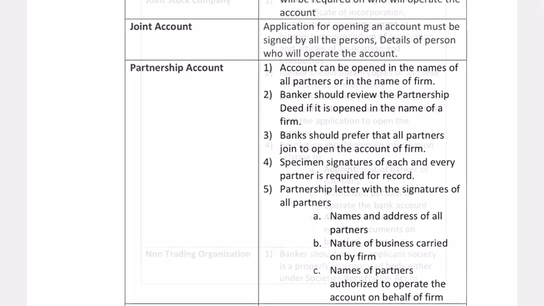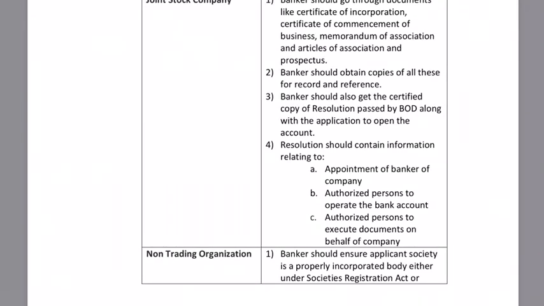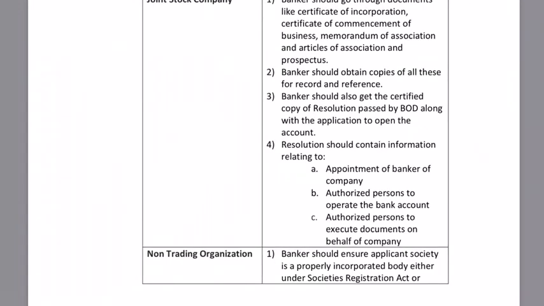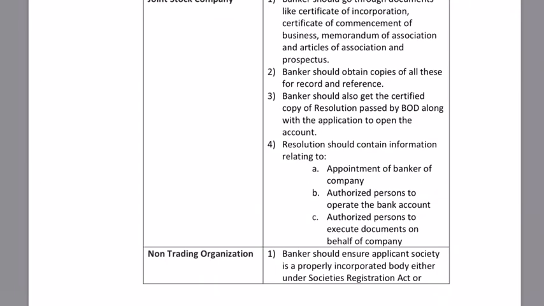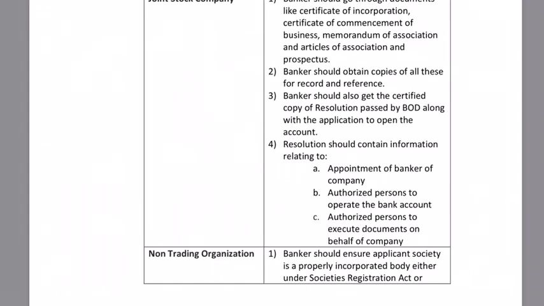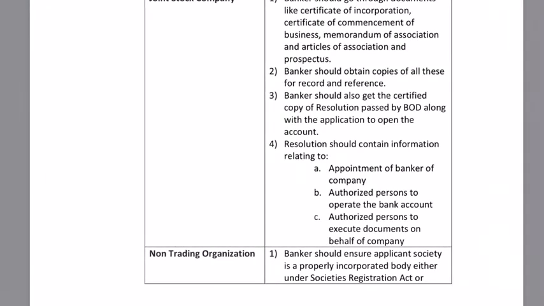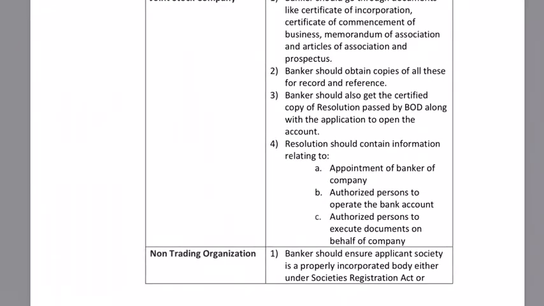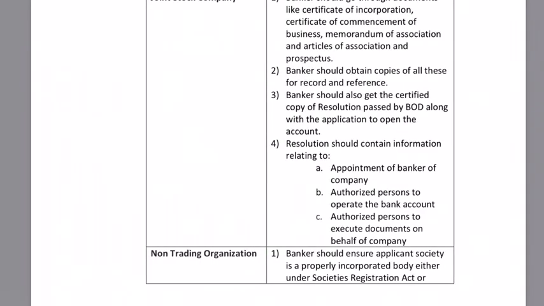Moving on, the next is for a joint stock company. When an account is opened, the banker goes through documents like the certificate of incorporation, certificate of commencement of business, memorandum of association or MOA, articles of association, the prospectus, and so on. Banks need a copy of all of this for record and reference, and banks should also get a certified copy of the resolution passed by the board of directors along with the application while they place a request for account opening.